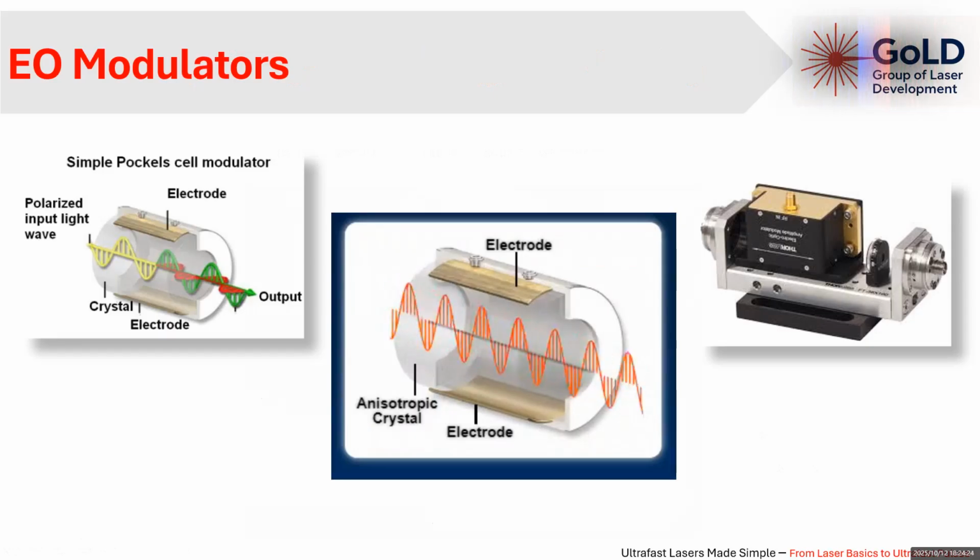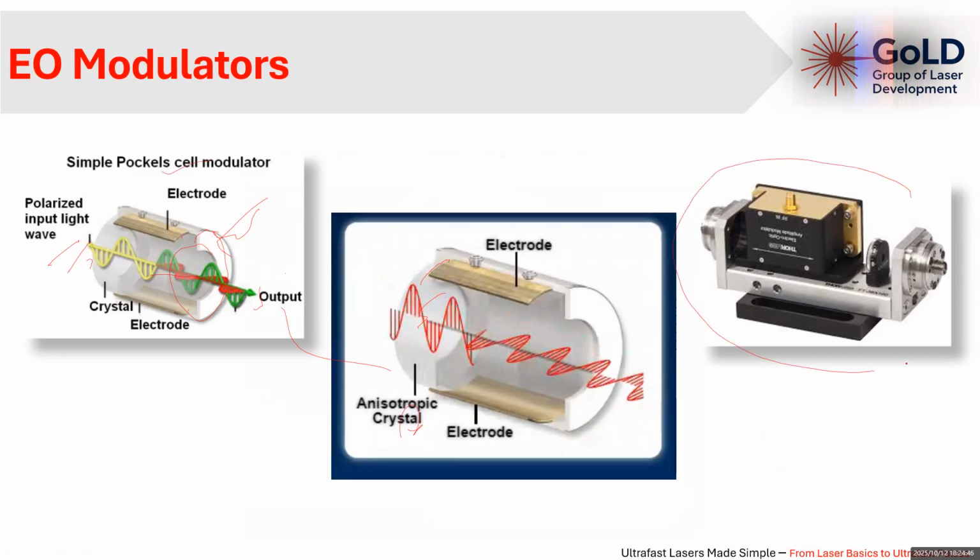And you can see here, this side actually, where is my pen? Here. Okay, so this is the electrode connected to the crystal. This is the crystal, and the light passes through and it changes the polarization. This input light here. And this is the whole assembly. Okay.